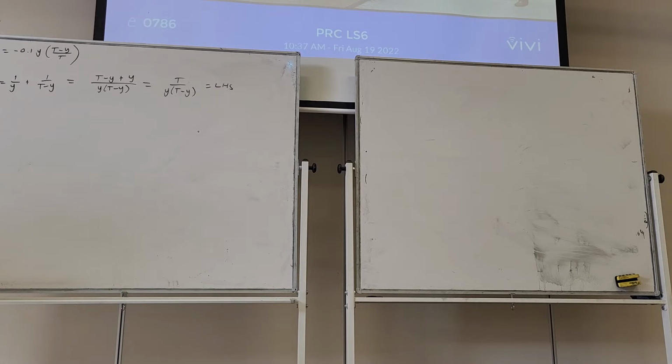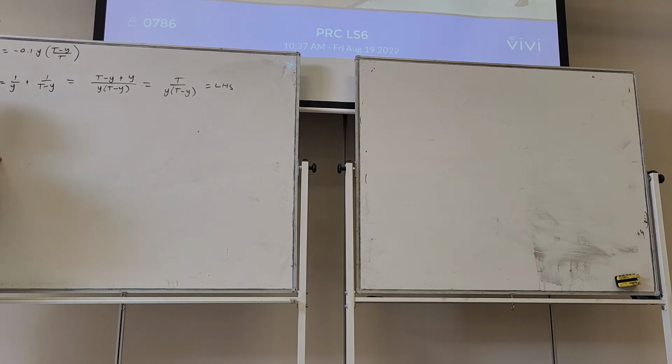Cool. Part B. The initial population is 20,000 animals. Show that the population of animals is given by this equation. So we need to start with this differential equation, and we're going to solve it for y. We want to isolate y in terms of t. We're going to leave this 0.1 over here and move all of these things over this side.